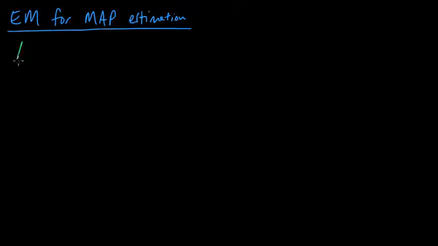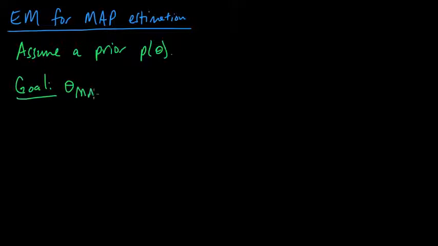So as usual, for a MAP estimate, we have to assume a prior. We will assume a prior p(theta) on the parameter theta. And our goal, as usual in MAP estimation, is to find a maximizer of the posterior probability of theta given the data.